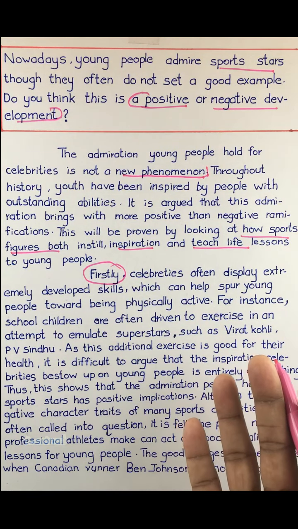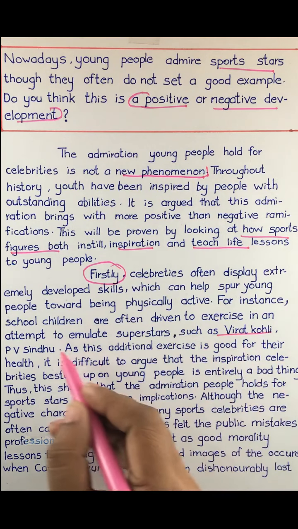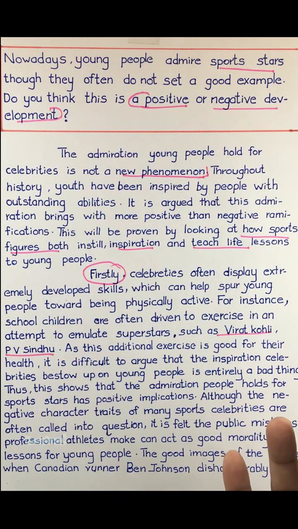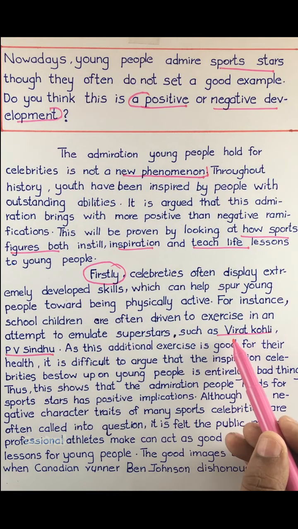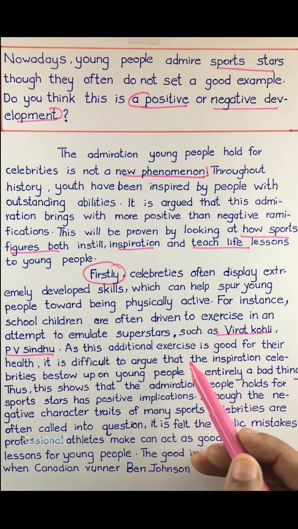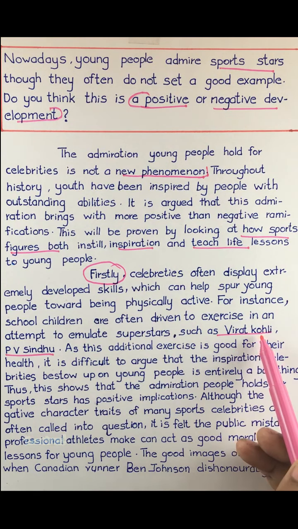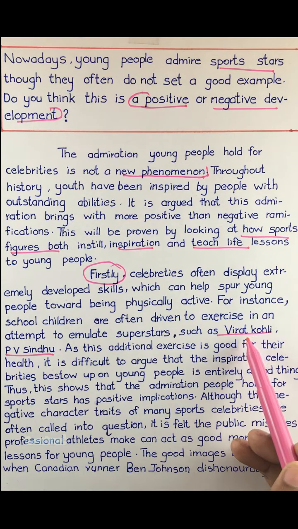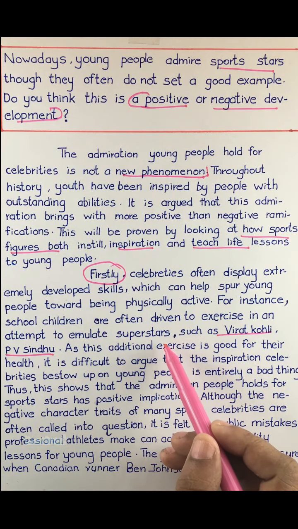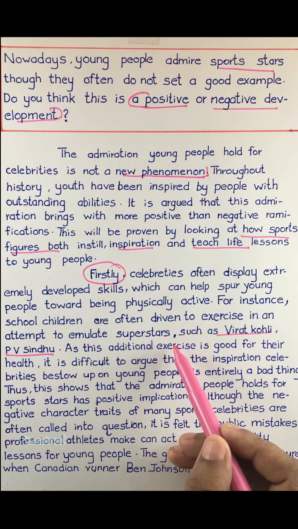I have used these two names because they are quite popular in India and most of us have heard these names on television or in any media. So you can add your own personal examples over here. If you add examples to your essay, it gives more authenticity and integrity to your essay.